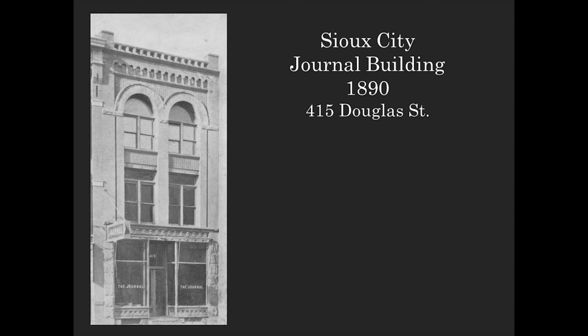The Sioux City Journal building added on to its plant in 1890, and they include this building at 415 Douglas Street. We can see a couple of small rounded Roman arches, and you can see above those, above the top of the third floor, a balustrade composed of squat columns and small Romanesque arches.